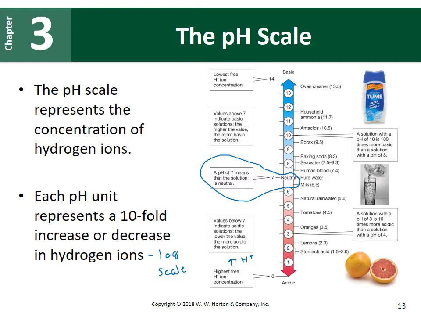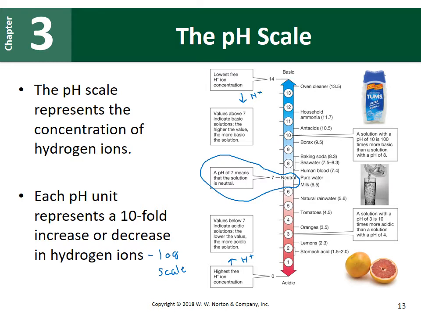So this is a little bit confusing. We're going down in pH, but we're increasing the hydrogen ion concentration. So again, these are the acids, so tomatoes, oranges, lemons. If you go above 7, these are the bases. These are substances that have low hydrogen ion concentration.